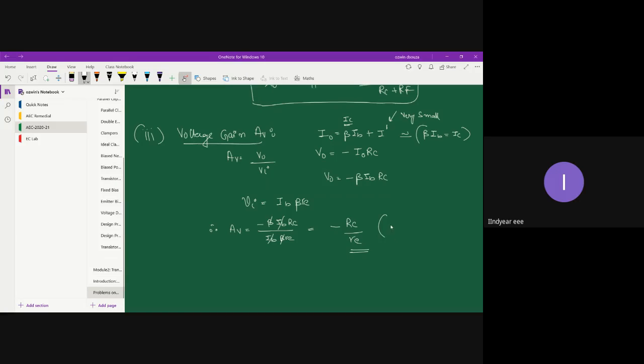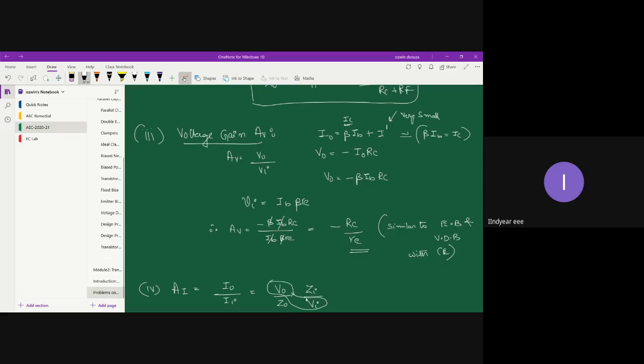So you can say that this is similar to emitter bias and voltage divider bias with bypass capacitor. It's a similar expression. So that's your voltage gain. And finally, you have your current gain AI, which is I naught by Ii, which is V naught by Z naught into Zi by Vi.